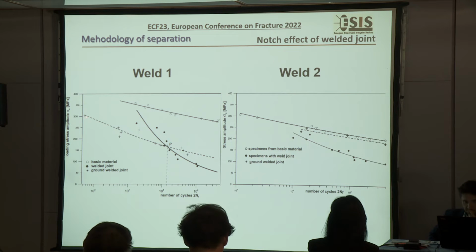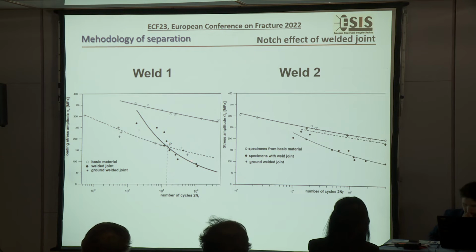This is the notch factor from the specimen which has the welded joint ground, removing this geometry. And this is the real weld without removing, with geometry and technological factors together.